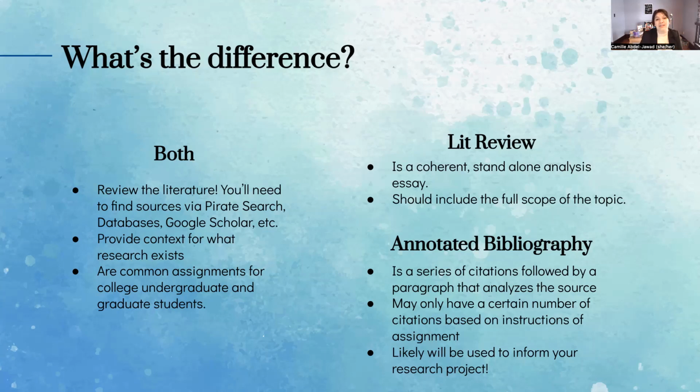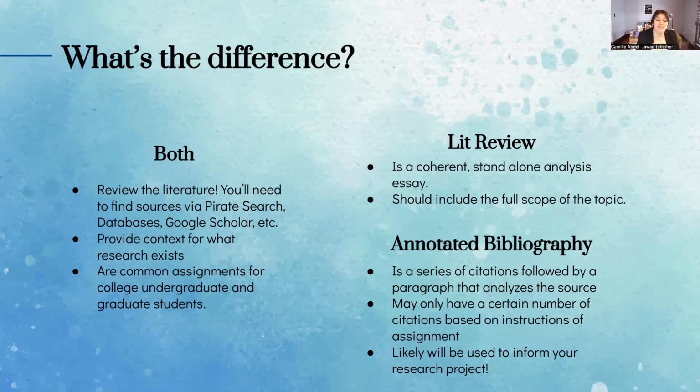Your instructor might say, you need 10 sources for me. So go out, find 10 sources and bring those back for your annotated bibliography. Whereas with the lit review, you're really aiming to include the full scope. So your annotated bibliography might not have every perspective represented.